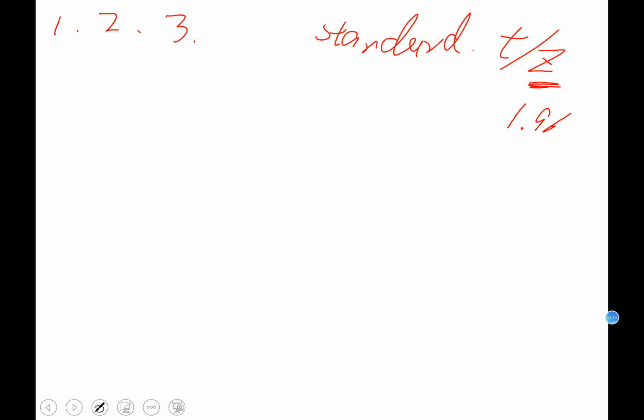I think Teacher Gao has told you that you need to remember this number. Z equals 1.96. That is, when alpha equals 0.05, the corresponding standard z value is 1.96.